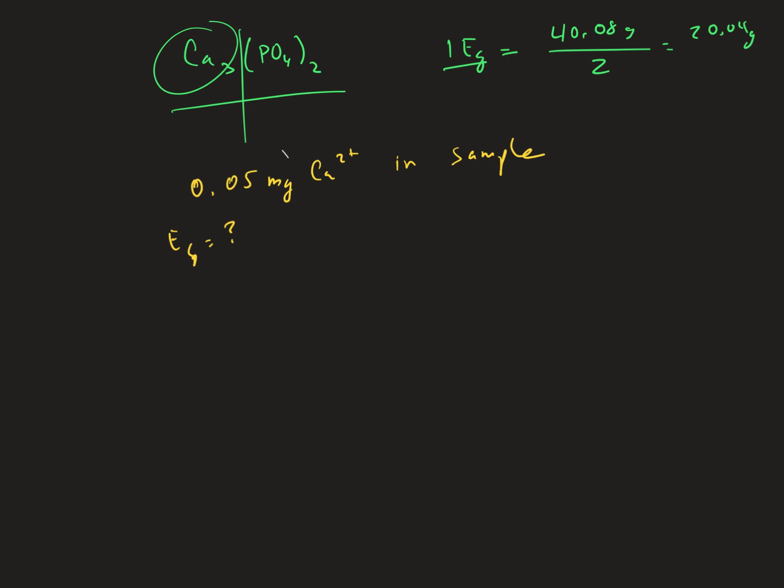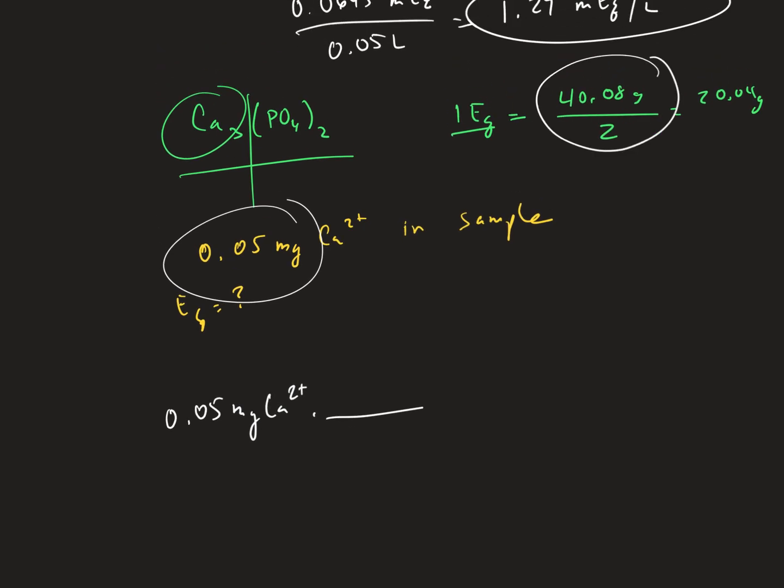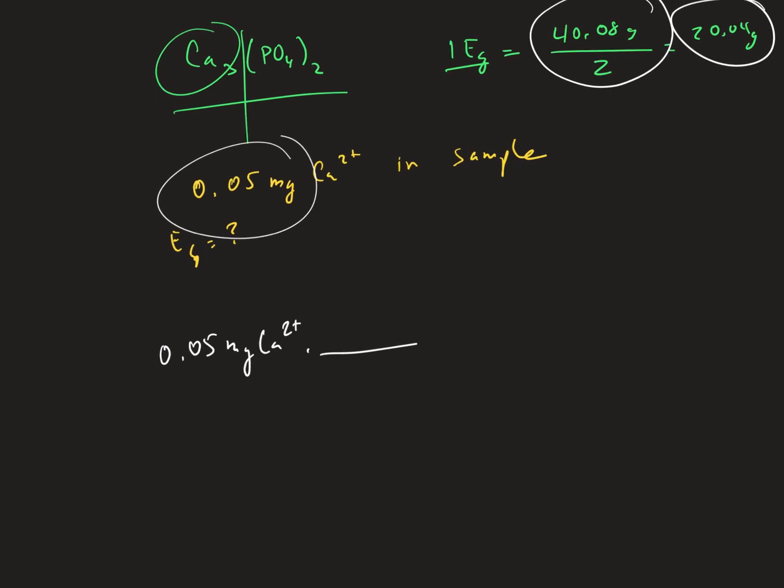What we know: 0.05 milligrams of calcium. And what do we do next? Convert it to grams, because we have our grams per 1 equivalent. So what goes on bottom? 1,000 milligrams to 1 gram.